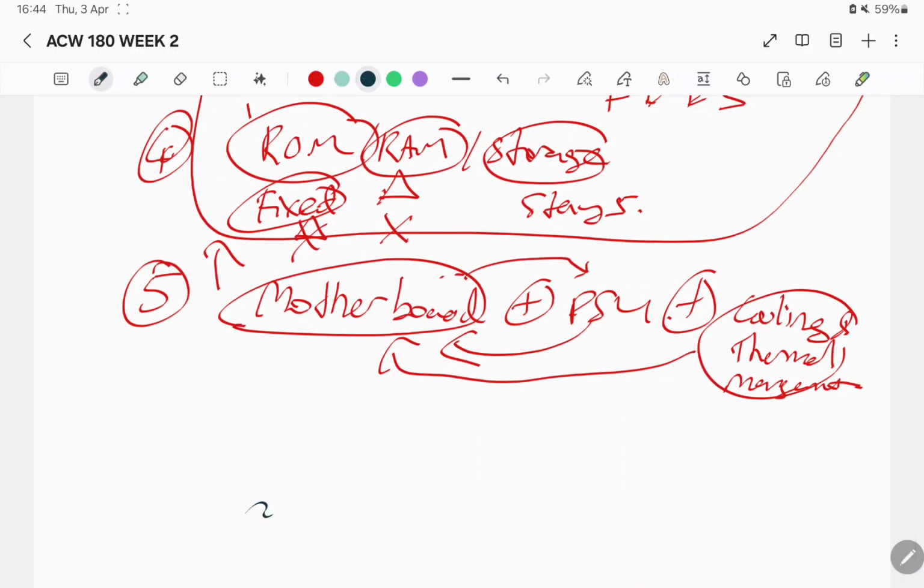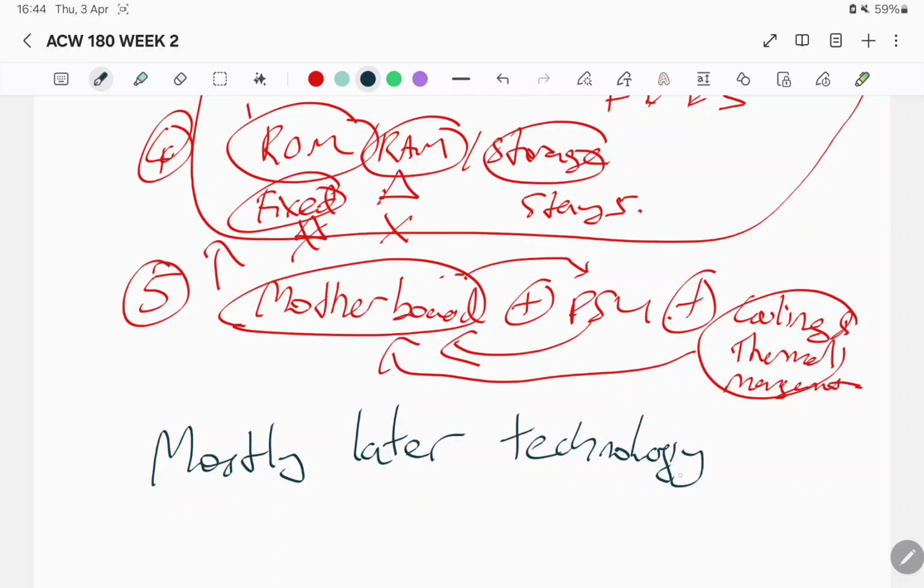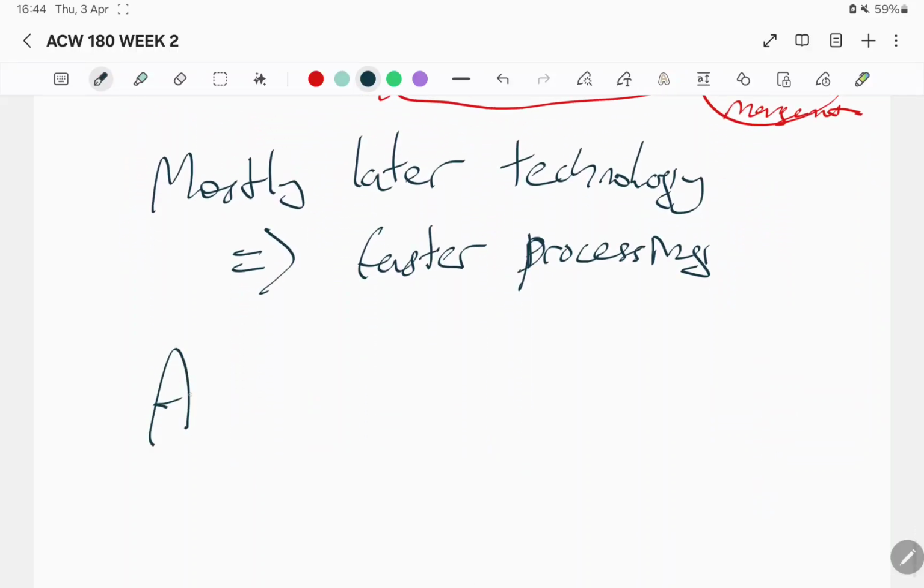I would sum up with a statement that mostly, the latest, later technology equals to faster processing.